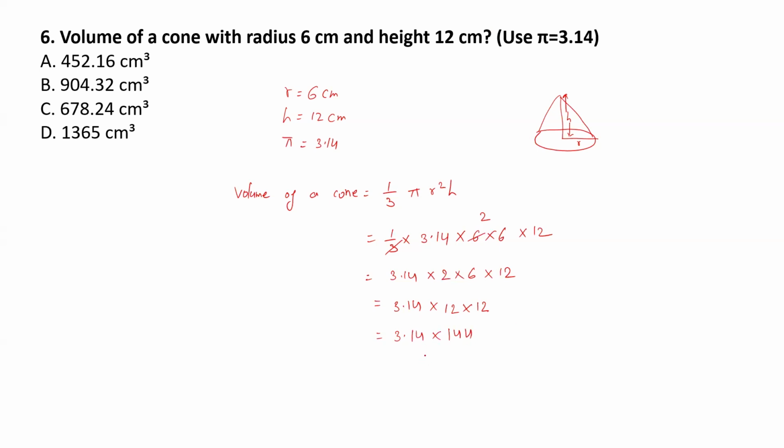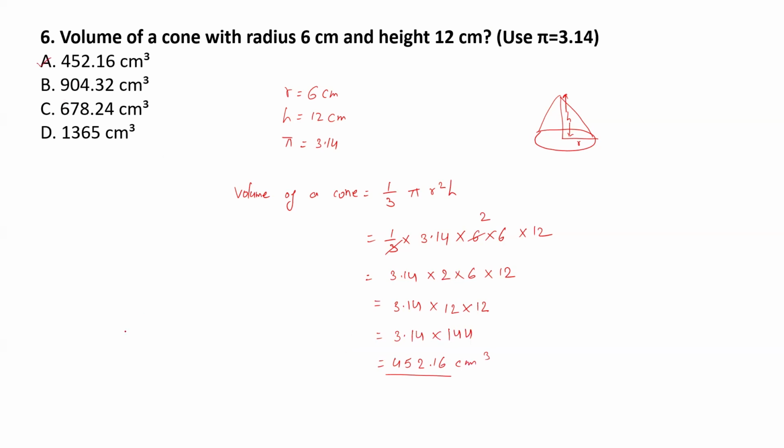Let me use my calculator for doing this multiplication. 144 into 3.14 is equal to, so you can also use your calculator if calculator is allowed. Otherwise, you have to do it by hand. Centimeter cube. So this is the answer.